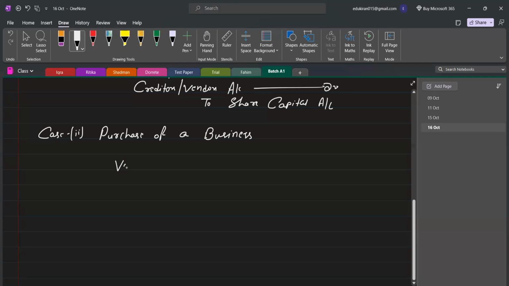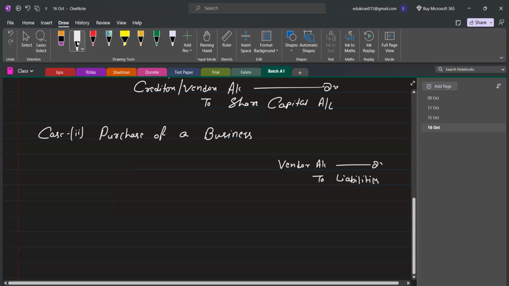So the entry should be vendor account debit to liabilities. When we have taken assets, assets is debited in the journal entry and vendor is credited. But now we are taking liabilities. So liability increase on the credit side. That's why liability is credited here.